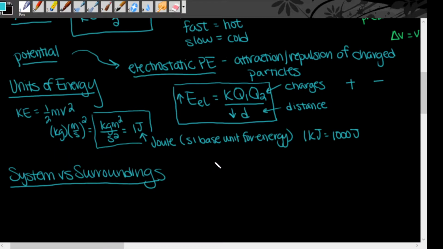So calories are the unit that you'll see on the back of your candy bars, and we will use them a lot when we are doing calorimetry, which is a laboratory technique used to measure heat transfer and energy of reactions. Okay, so 1 calorie is equal to 4.184 joules. This is a conversion factor that you should just know.